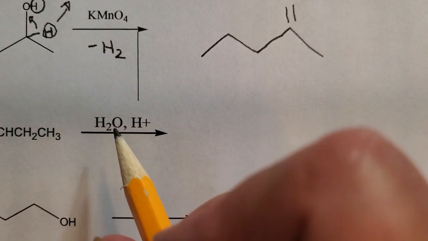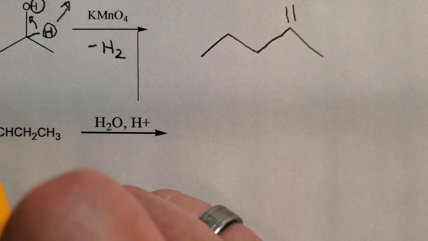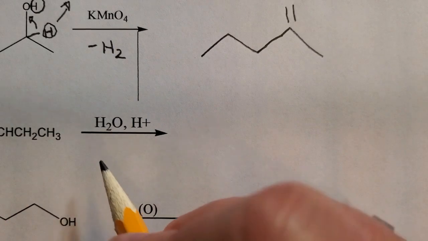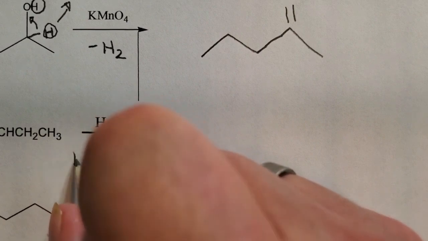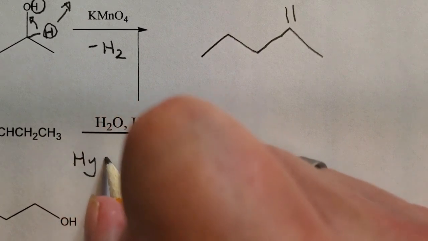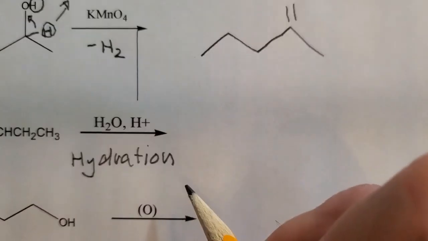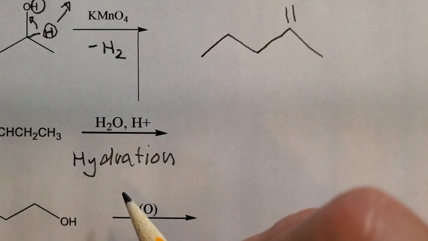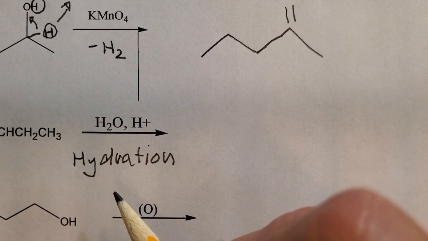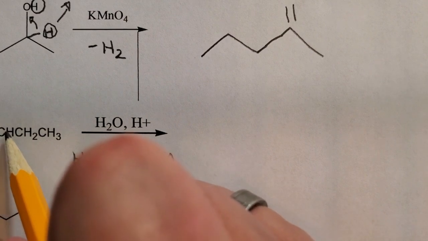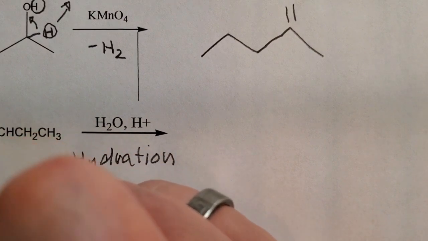Okay. Here we have an alkene, and we're going to add water across this double bond, so that's a hydration reaction. The OH gets attached to the carbon with the least number of hydrogens. So this has 1, that has 2.